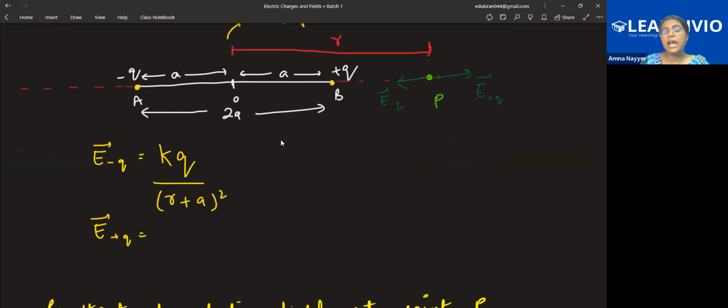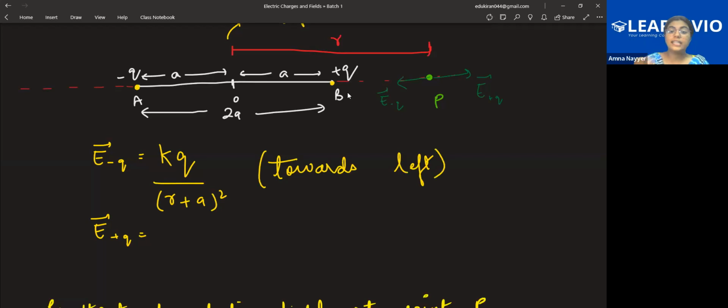All right. And where will the field be directed? It's a minus charge and here is my point, so towards the charge, right? So it is towards left.